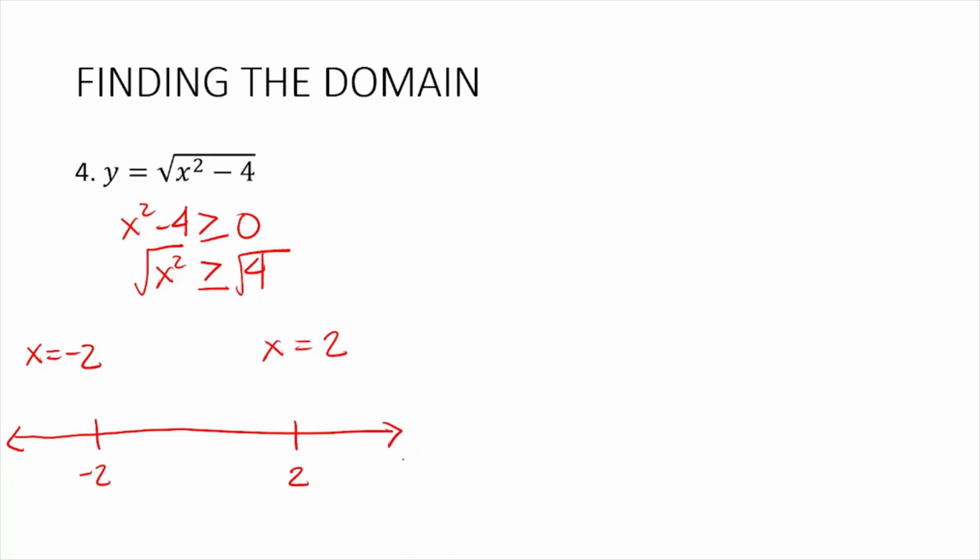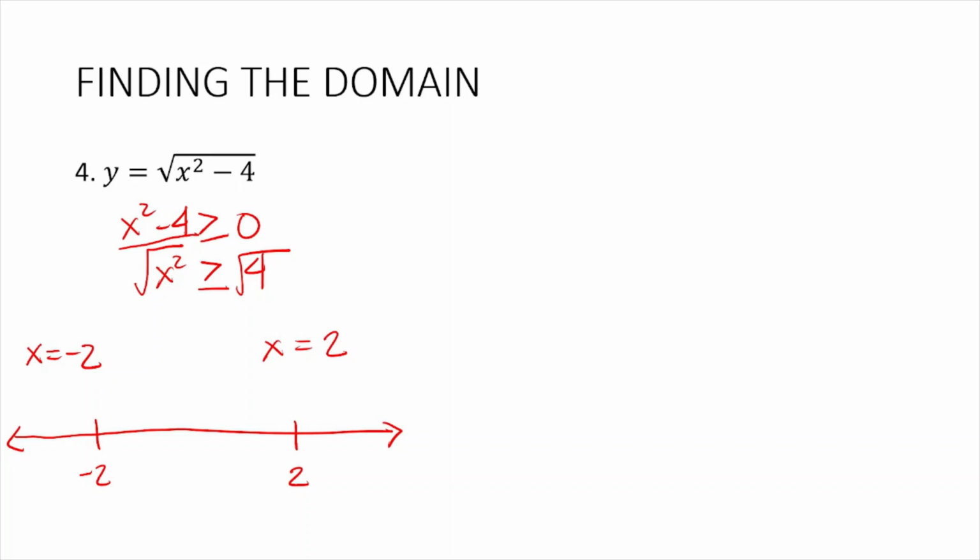From each interval, let's choose some test values. Later on, we'll plug in these test values so we can check if the value of x squared minus 4, the radicand, is either positive or negative. If it's negative, then we avoid those x values. If it's positive, then we include those x values in our domain.